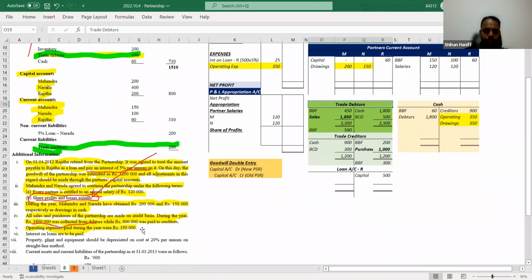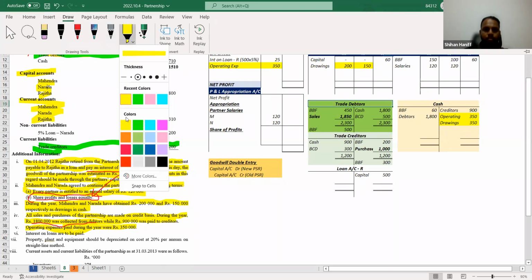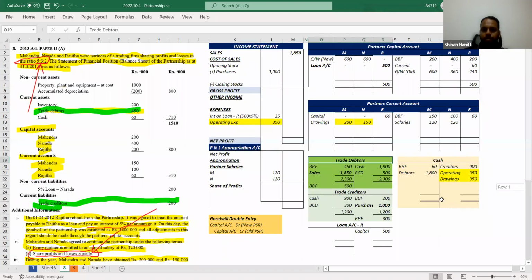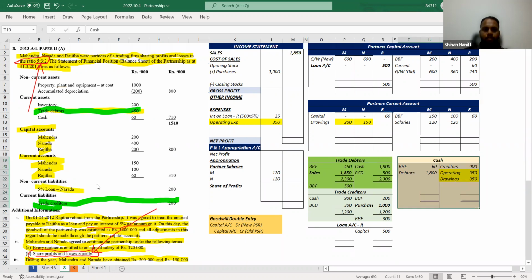But the interest on loans is payable, to be paid. Still we have not paid, so it doesn't come to the cash, but we need to record the interest payable. 5% loan from Narada. It's a non-current liability.